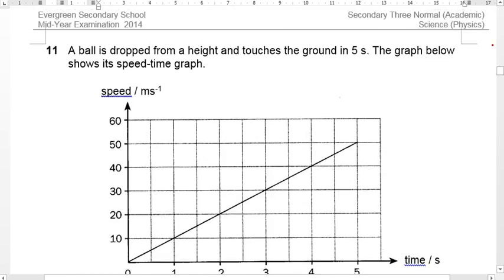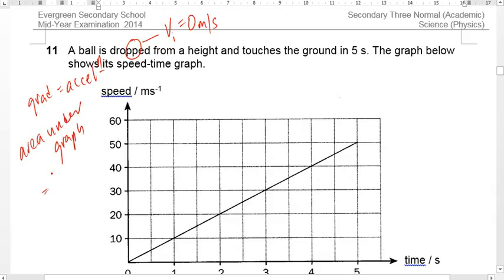A ball is dropped from a height. Okay, keyword drop: initial speed equals to 0. It takes 5 seconds to touch the ground. This is the speed time graph. So, gradient equals acceleration. Area under graph equals distance traveled. Just keep writing this, you will memorize it when the time comes.